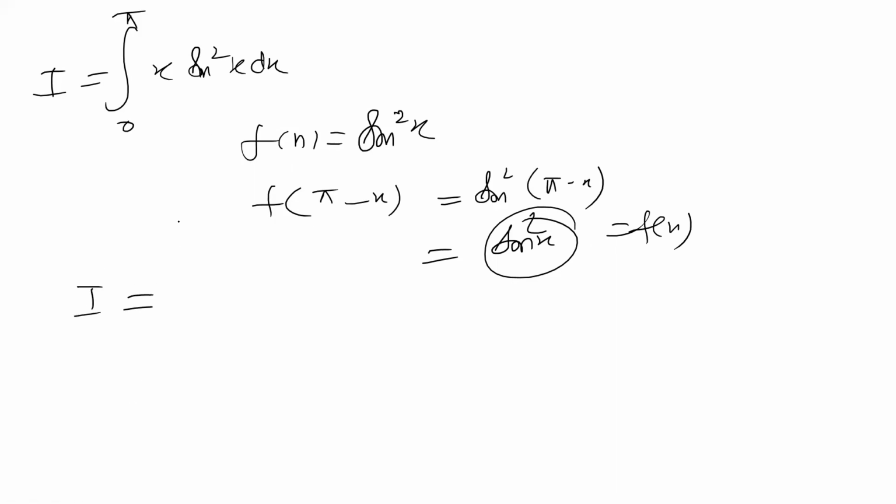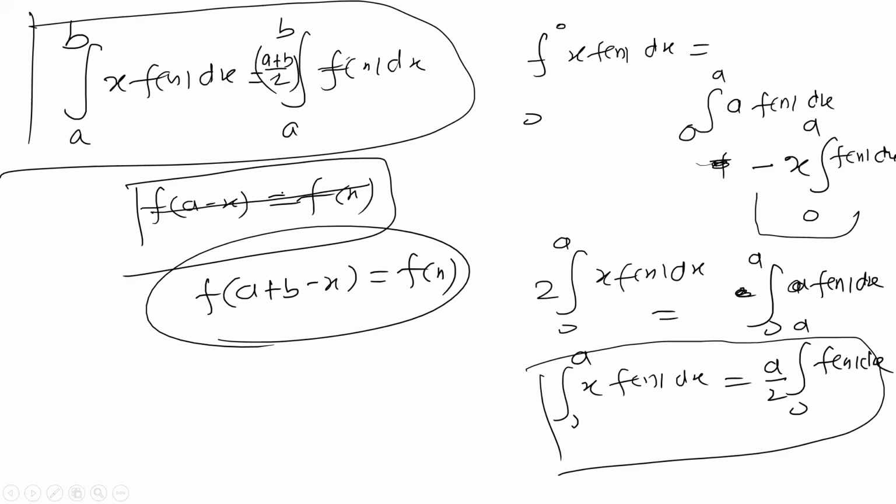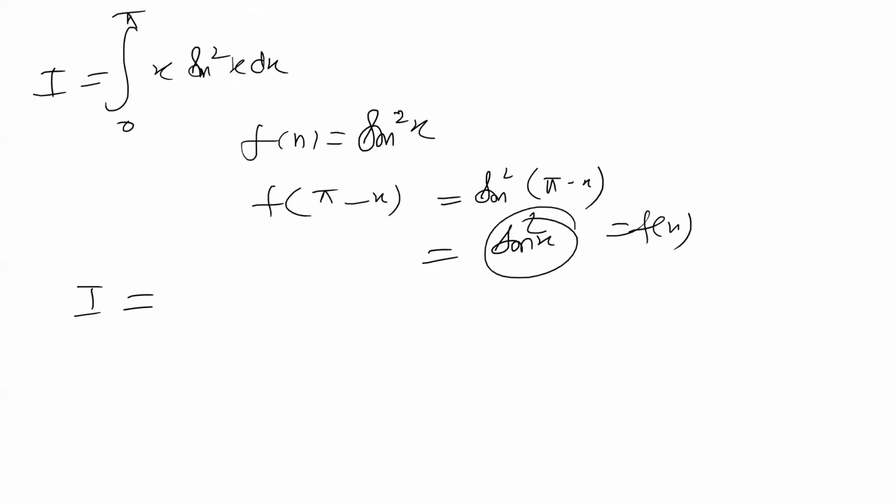So here I is equal to, x we can take outside, and what is your property? You can see the integral from 0 to a of f(x) dx. So what is a here? Pi. So (a plus b) by 2, a is 0, b is pi. So pi by 2, the integral from 0 to pi of sin square x dx.